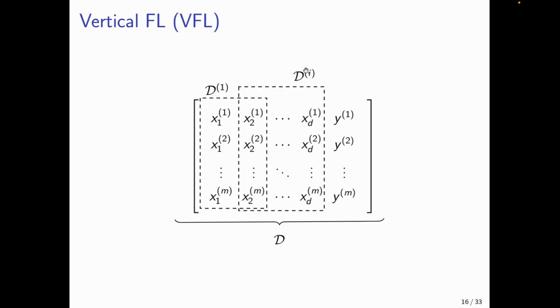Yeah, so this is vertical federated learning. All local data sets contain the same data points, but they use different features. And maybe even the labels might be available only to one of these nodes. So only one of these nodes knows the labels, like the health status of the population.